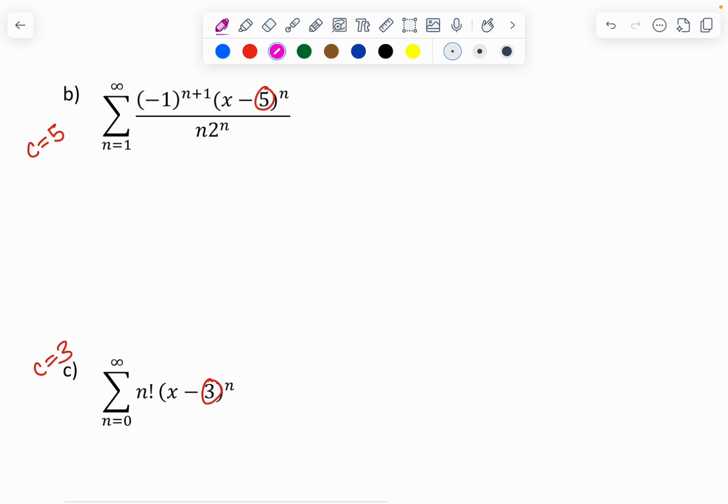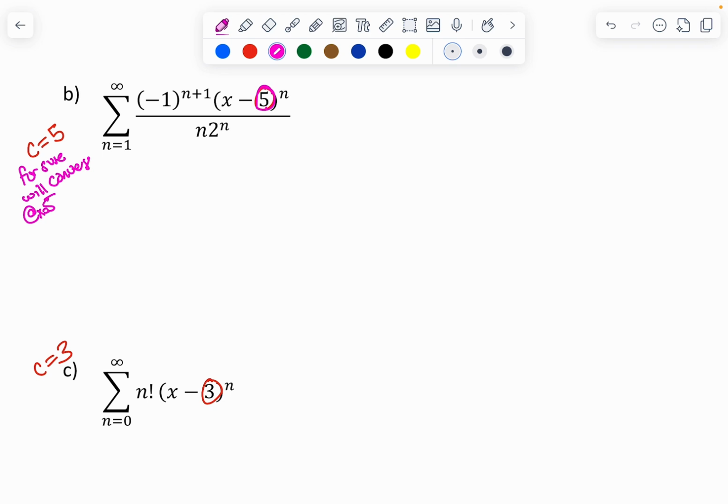So example B looks like an alternating power series, right? So first off, determining that the center is 5, I know for sure it will converge at 5, or x equals 5. Okay?